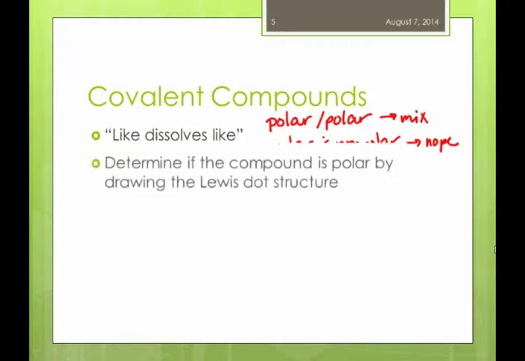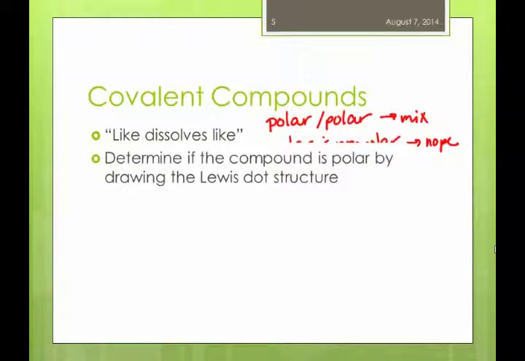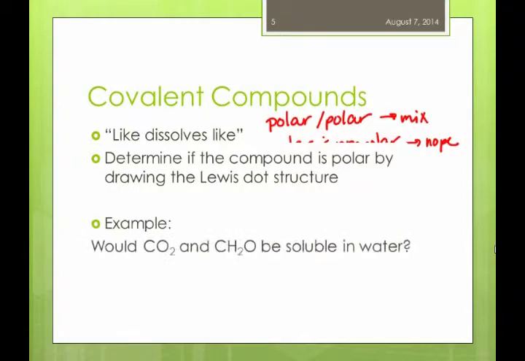So how do you decide whether a substance is going to mix or not? You need to decide if the compound is polar by drawing the Lewis dot structure. And throughout this conversation of solubility, we're always, in the back of our mind, referencing that our solvent is generally water. So water is polar. We are looking for substances then that are also polar among covalent compounds. Let's consider carbon dioxide and formaldehyde. In order to decide whether they're soluble, I would need to draw their Lewis dot structures, which you should be pretty familiar with at this point.